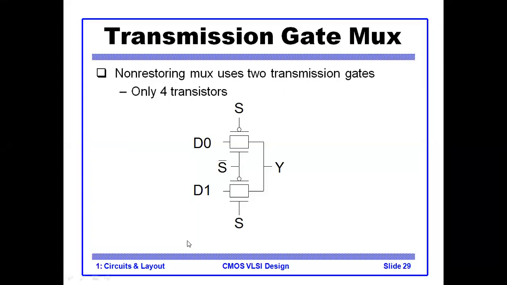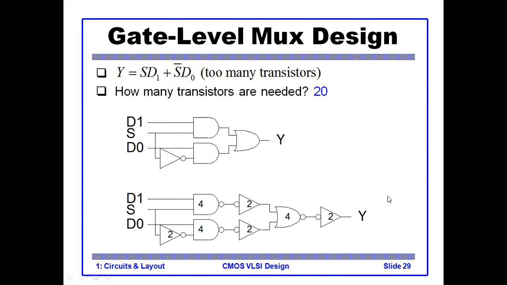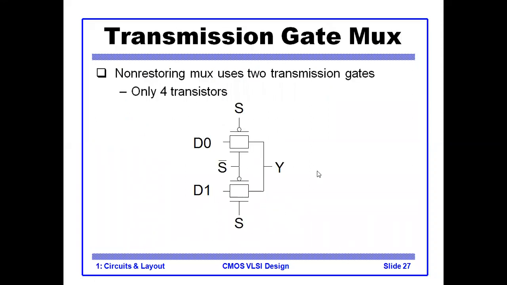Here you can understand that the same logic design we can implement with 20 transistors if we use pass transistors, and the same logic function we can implement with the transmission gate. So how many transistors are required? Only 4 transistors are required to implement the same logic, right? So here this is one transmission gate. This is the second transmission gate, right?